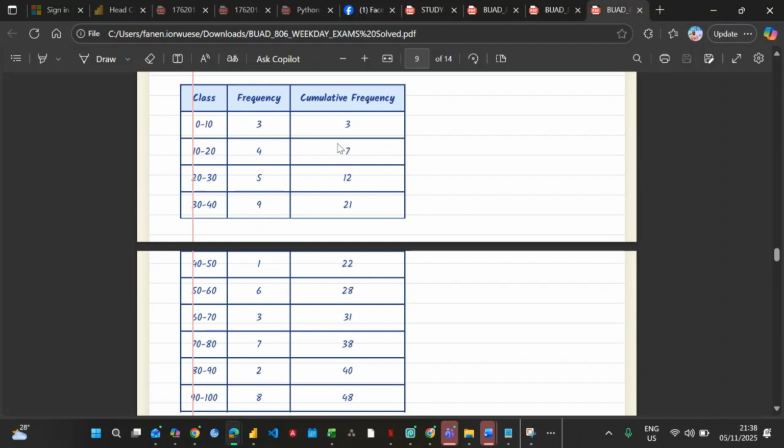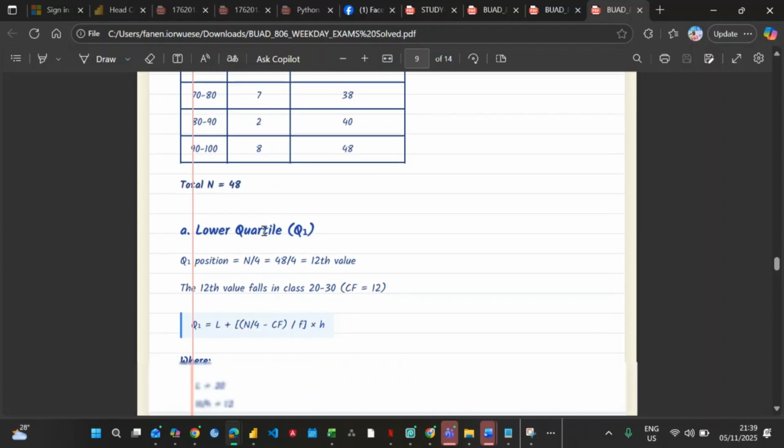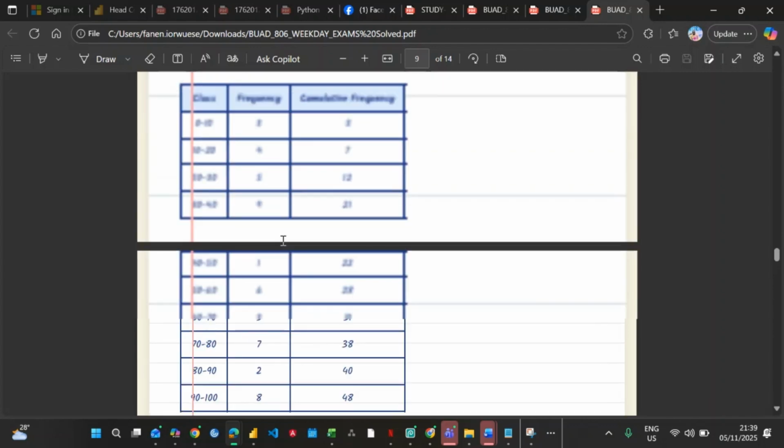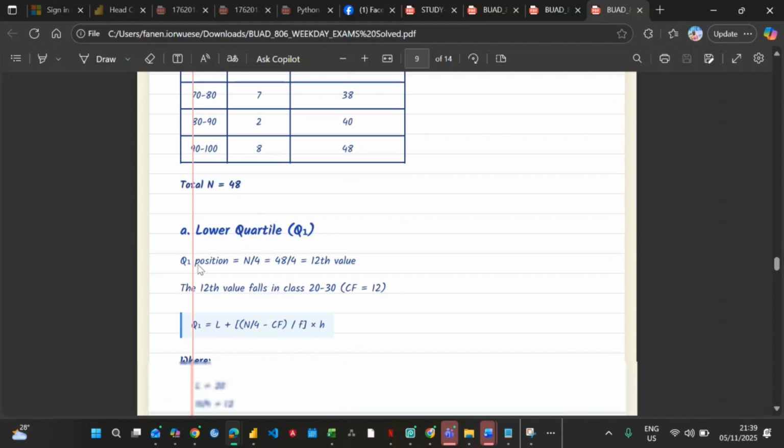For me to get the cumulative frequency, I have 3 here, then 3 plus 4 will give me 7, and 7 plus 5 will give me 12. That's how you do your cumulative frequency. Simple. And then your total n is equal to 48. That's your total n.